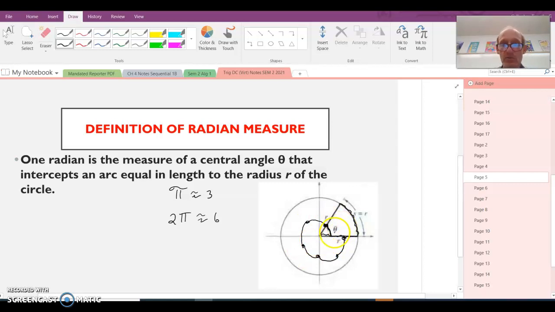So if I go 2 times pi, that's a complete revolution of the circle, and that's the measure of the angle. And then pi is halfway, right? So pi radians is halfway. All right, so that's a radian measure.